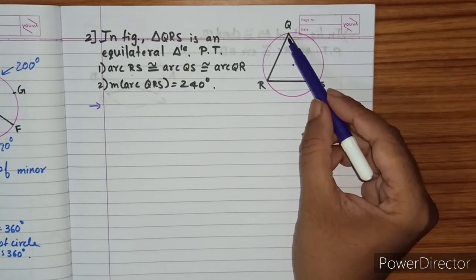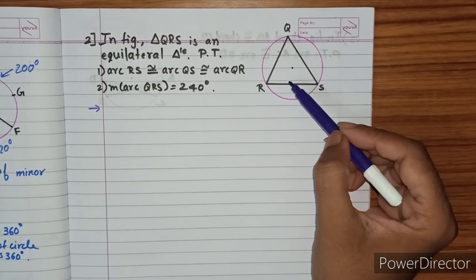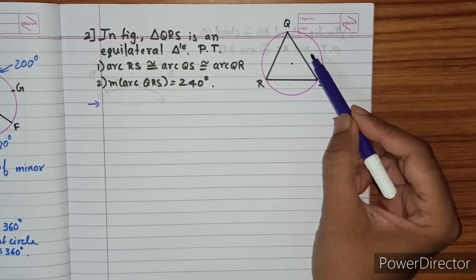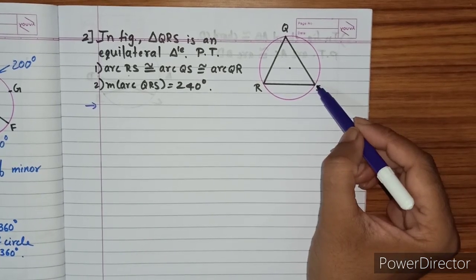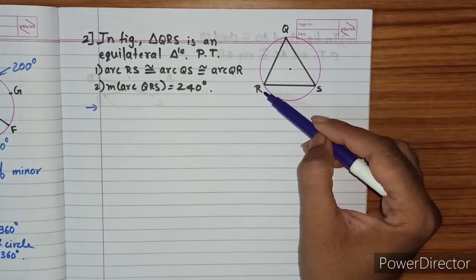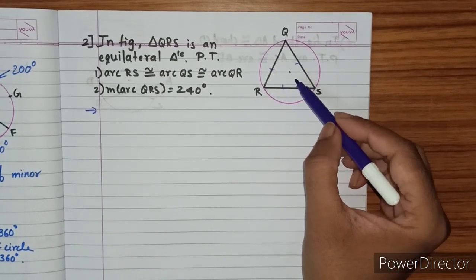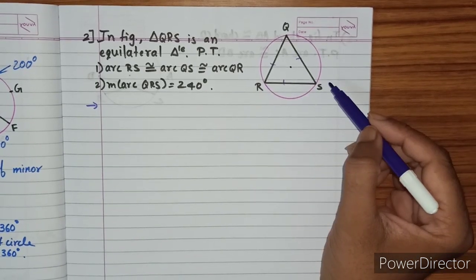See, this is an equilateral triangle. Now, if it is an equilateral triangle, you know that all the sides of an equilateral triangle are same. They are equal. It means that RS is equal to QS is equal to QR. These sides are equal, right? Now, if these sides are equal, the corresponding arcs are also equal.